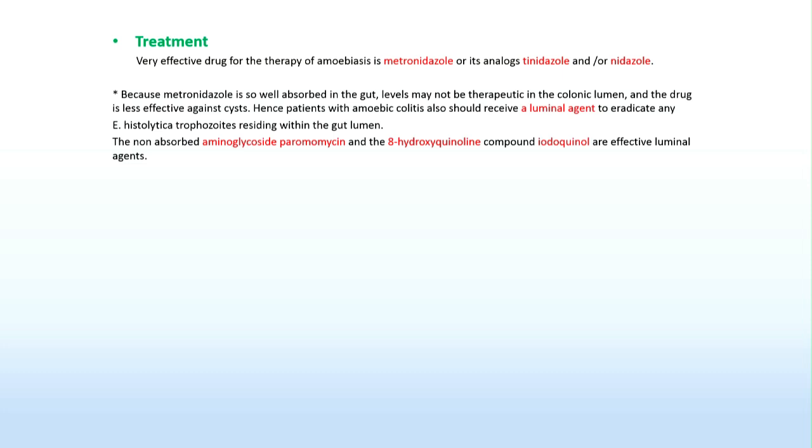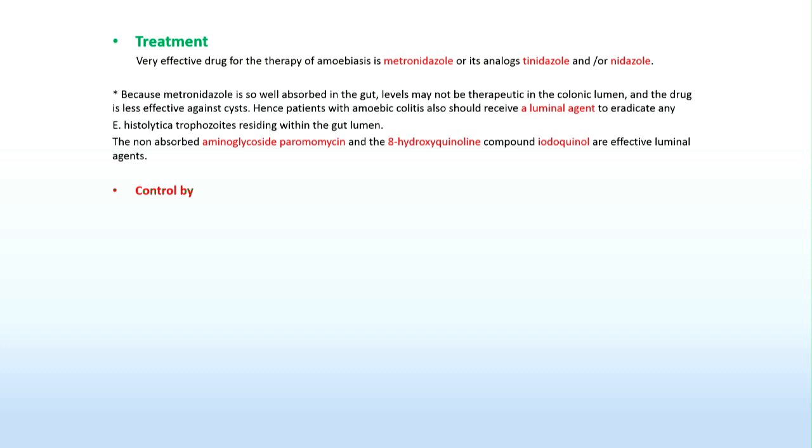Hence, patients with amoebic colitis should also receive luminal agents to eradicate the Entamoeba histolytica trophozoites residing within the gut lumen. The non-absorbed aminoglycoside, paromomycin, and the 8-hydroxyquinoline compound, iodoquinol, are effective luminal agents.